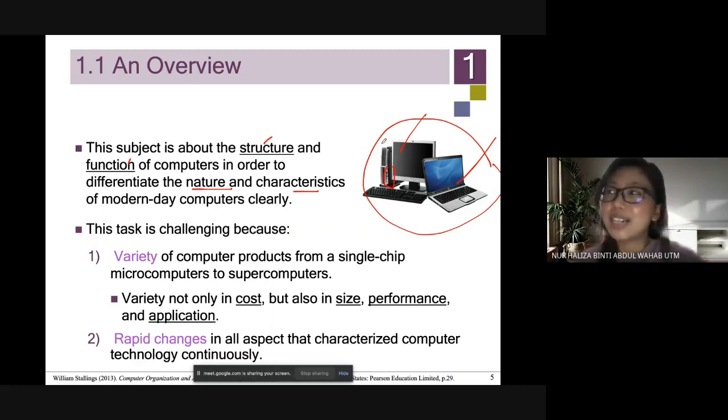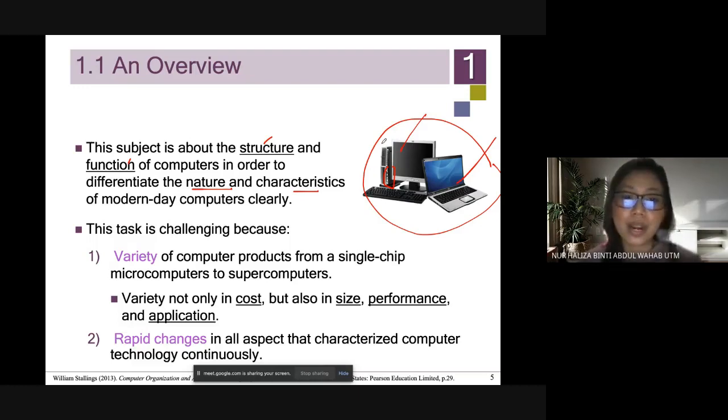I don't have a CD-ROM. Why should I buy this expensive computer? So that's why we need to know the flow of the computer. Last time we were using floppy disk and then CD, and nowadays there is no CD-ROM at all.